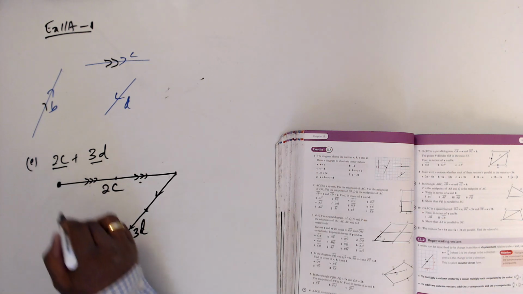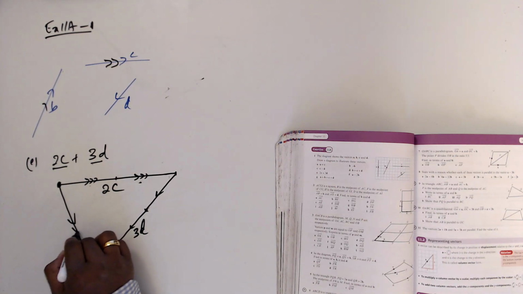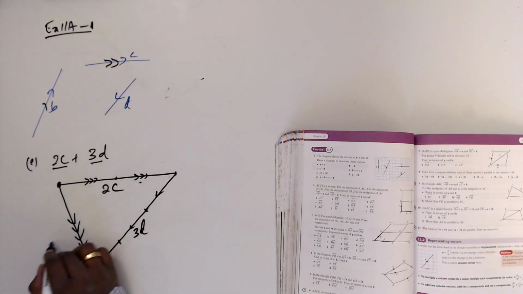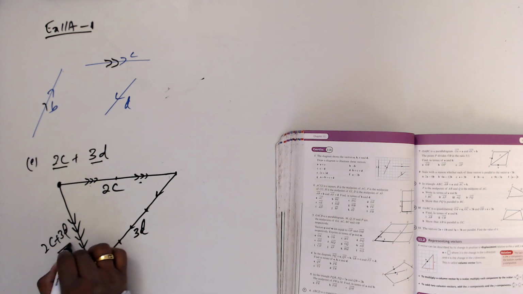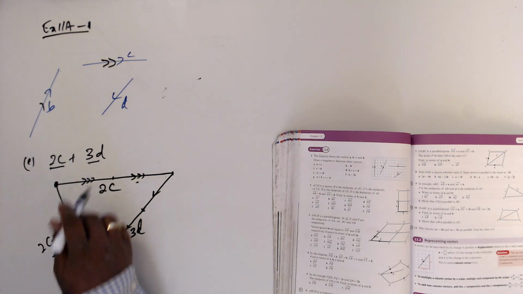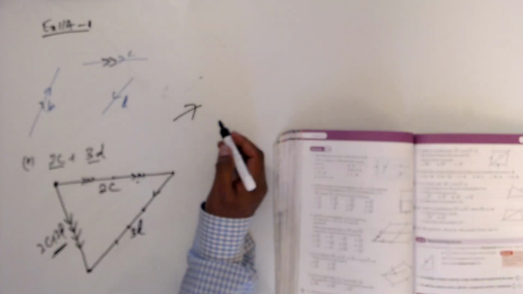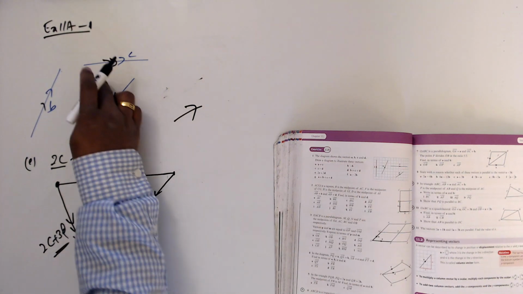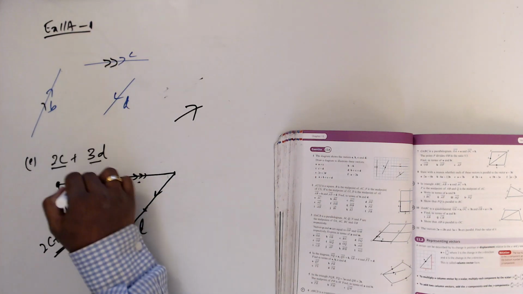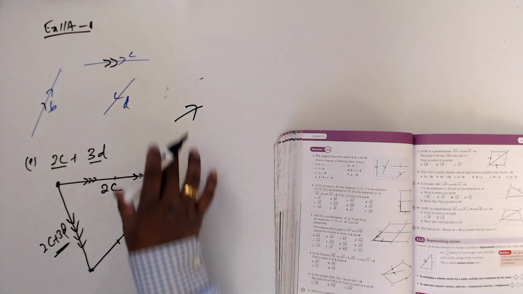Now this is the starting point, this is the end point. So this is 2C plus 3D. I use too many arrows to give a clear idea, but usually we draw with one arrow. I want to show the parallelity. So this one is parallel to this one.